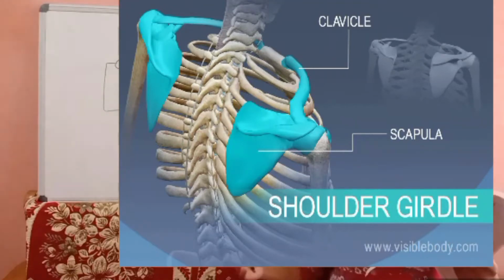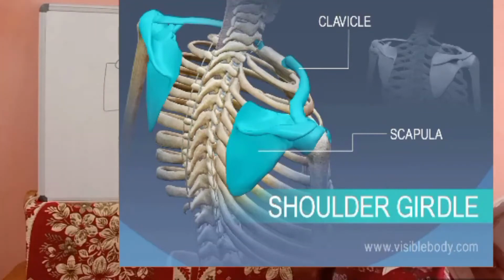Okay, so this girdle consists of your shoulder blade or the scapula. Now see the construction of it. The shoulder blade is a flat triangular bone which stretches from your shoulder to the vertebral column at the back. On the back side you can see it forms a bony ridge for the attachment of your muscle.